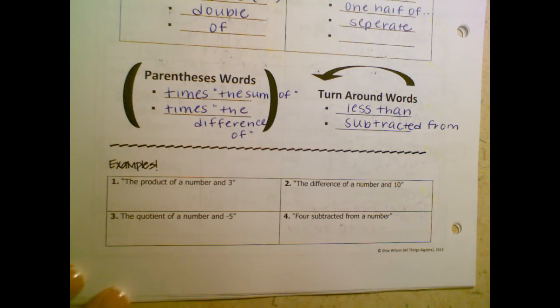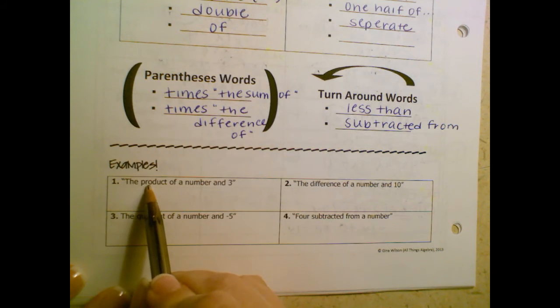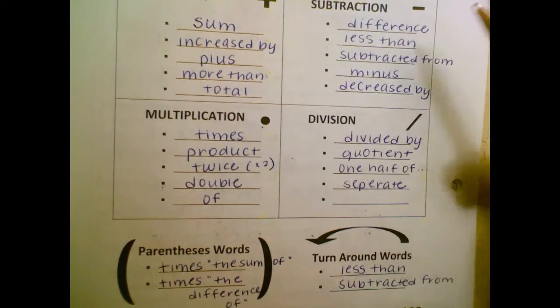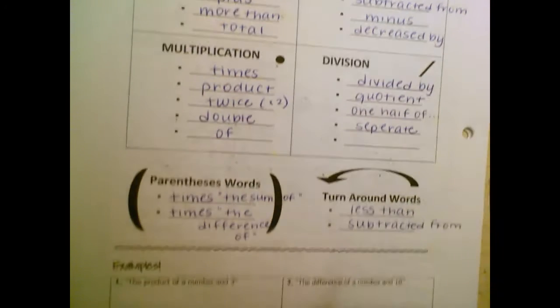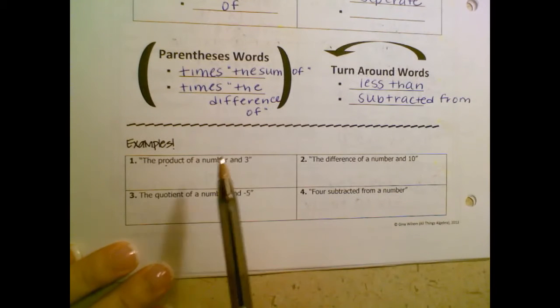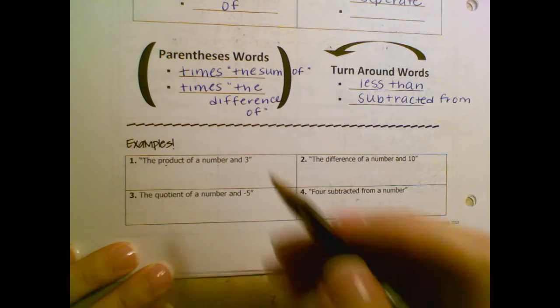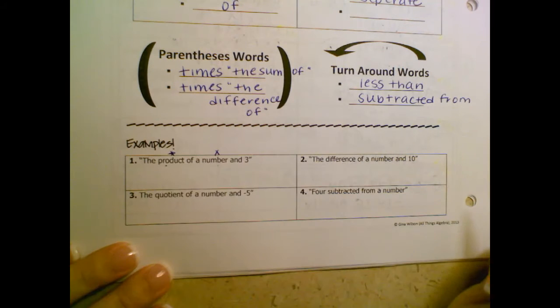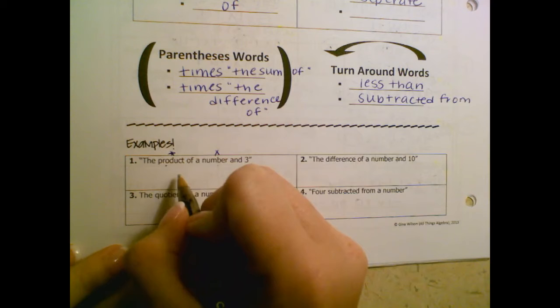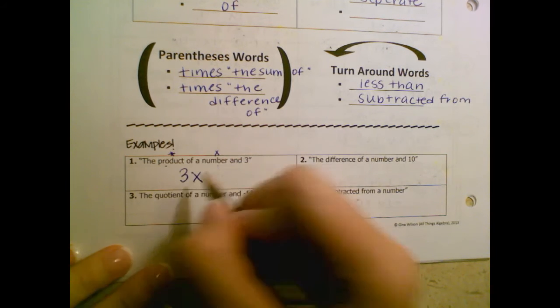So first example, the product. So we're going to look at our kind of cheat sheet. Product means that I multiply. So the product of a number, and I'll just use x as my number, and 3. So 3 times x.